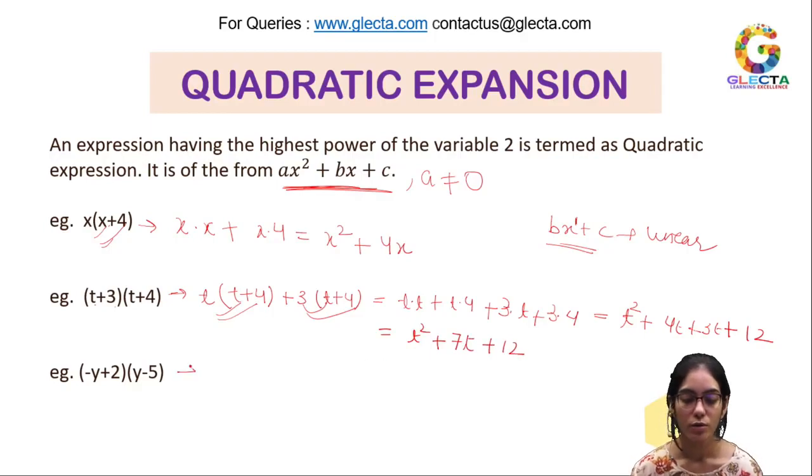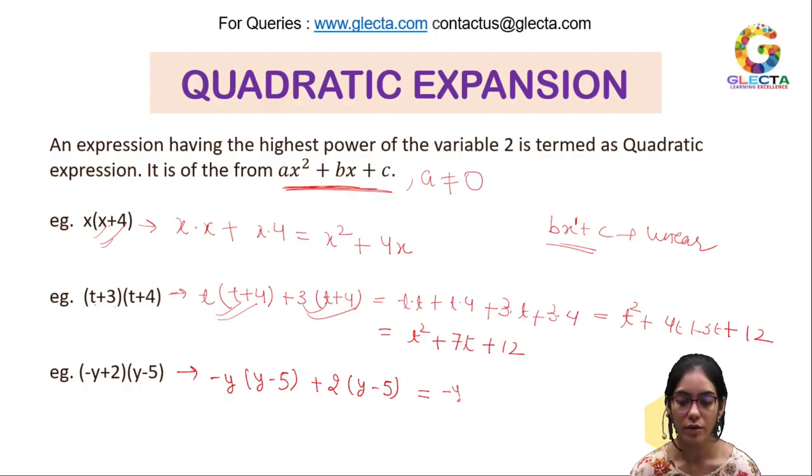So now this one. Okay, so again we will multiply minus y with the second bracket and then plus 2 with the second bracket. So minus y into y minus 5 plus 2 into y minus 5. So this will be minus y into y plus minus y into minus 5.